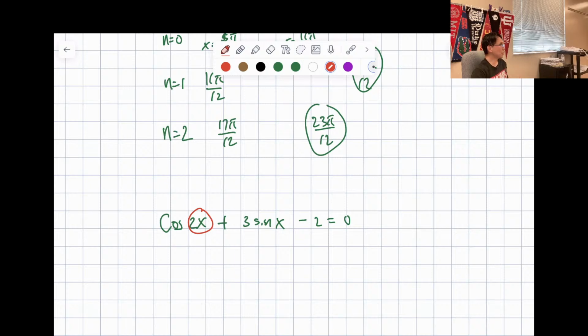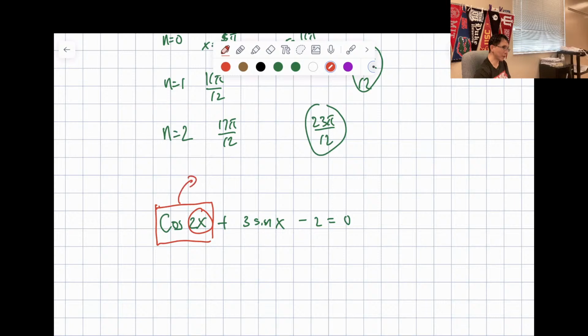The main issue is that this equation is composed of cosine and sine. Obviously, I cannot convert sine of x to cosine of x, because there's no way to convert sine of x to cosine of x unless they are sine squared. If they are sine squared, you can change it to 1 minus cosine squared. But they are sine, so they cannot change. So the bigger problem is located right here.